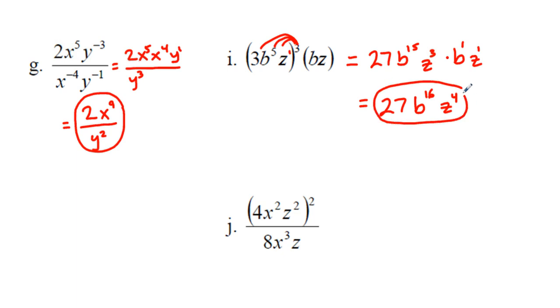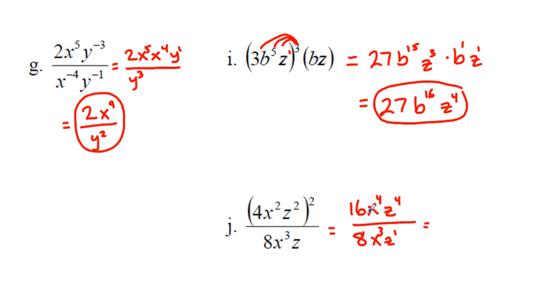All right, and finally, complicated one here. First, we're going to deal with those parentheses. So we're going to distribute the square to all the terms, so it looks like 16, and then x to the 4th. And again, that's not because 2 is being squared, it's because I'm multiplying the exponents. X to the 4th and z to the 4th all over 8x cubed z to the 1st.